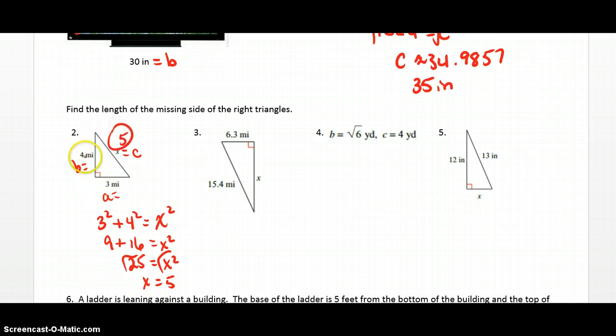You can see from this triangle, the 4, the 3, and the 5 works out so nicely. Again, this is one of the more famous triangles.